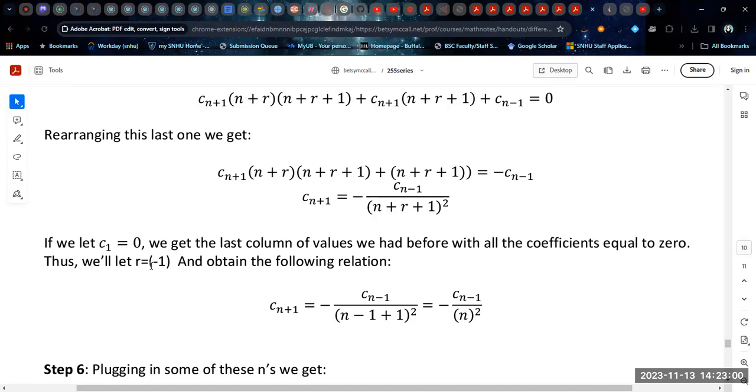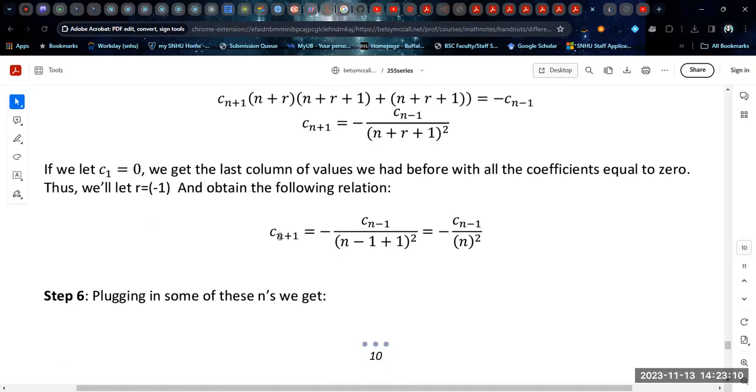And then once we determine that r is equal to -1, then we can plug that into the expression, and that gets us a new expression where Cn plus 1 depends on Cn minus 1. That'll get us our two sequences of terms. One of these will be C0, one of these will be C1.